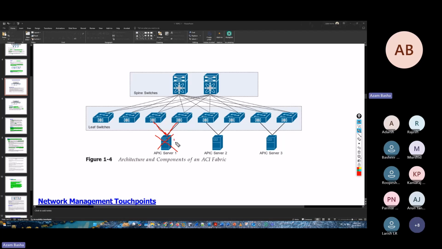For an entire device failure, you have additional Epics. So this is the failover solution.